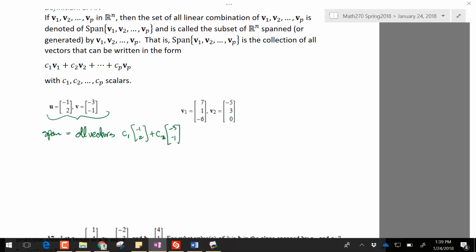So now the question is, what is that? Can we describe that? So we know we're in R2. And so I guess a different question would be, can we find a point in R2 or vector in R2 so that the span does not hit that point?